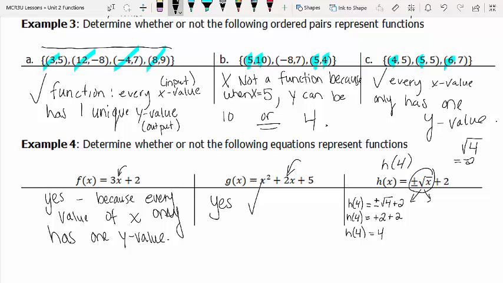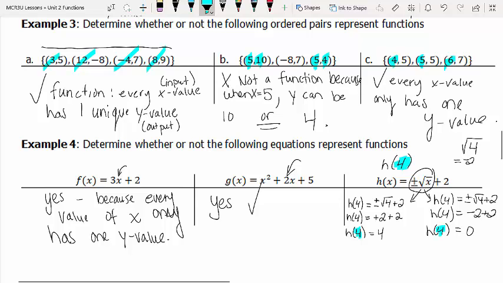So if I solve this for h at 4, but this time I take the negative version of the square root of 4, so negative 2. Then over here, h at 4 is equal to 0. Okay, so this is an example where one input, right, 4 was our input, has two possible outputs. So it could be 4 or 0. Okay, so because that happened, this is not a function.